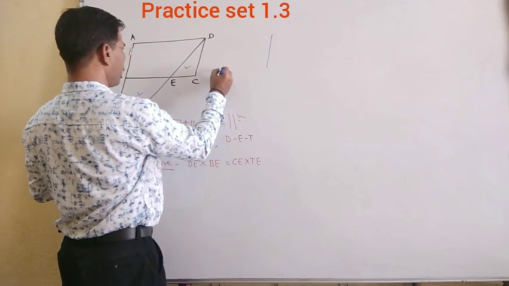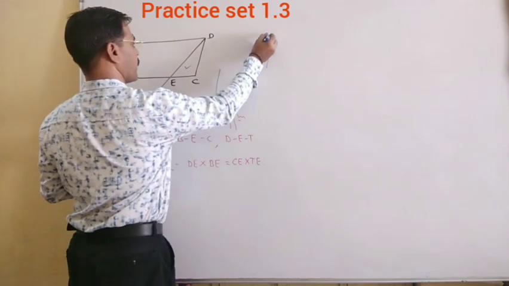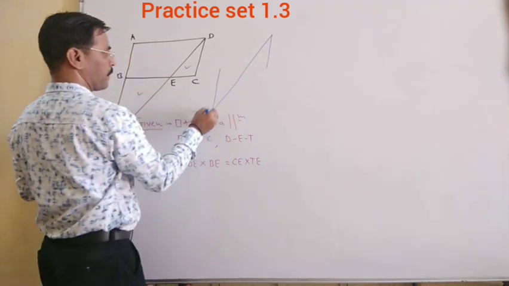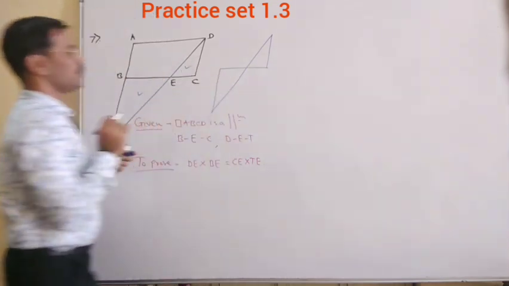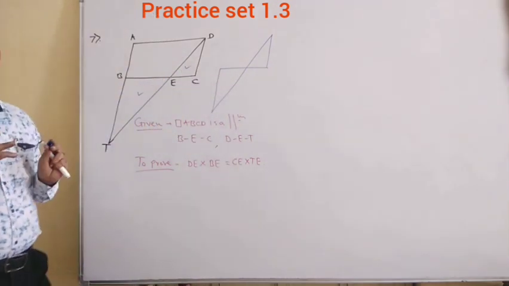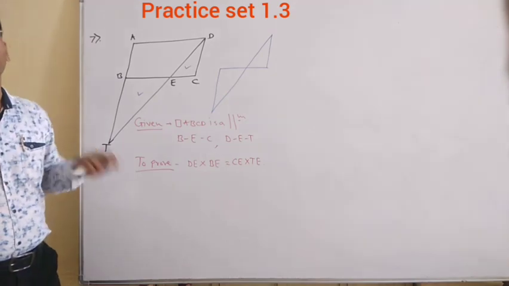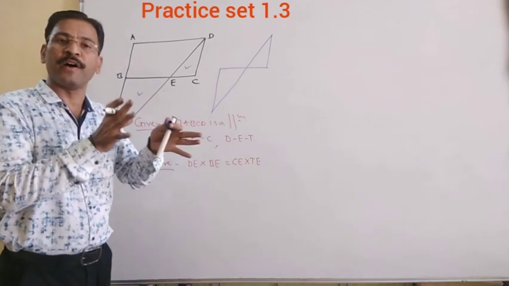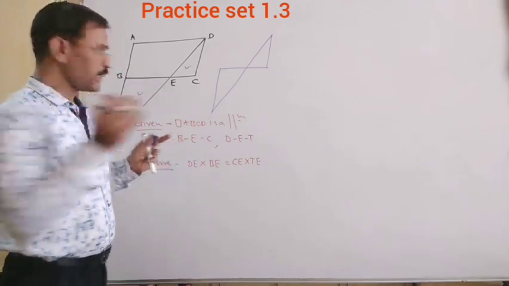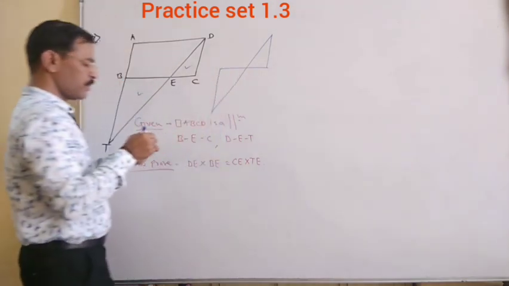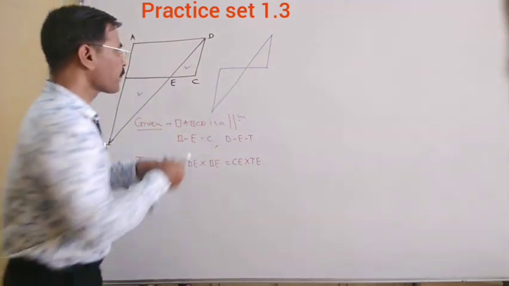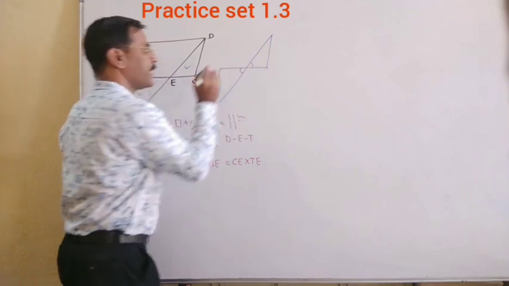Okay, just observe here. Now we are going to prove these two are similar. For similarity, we should always prefer to use the AA test first. See first, this one is what? We can say here it is alternate.